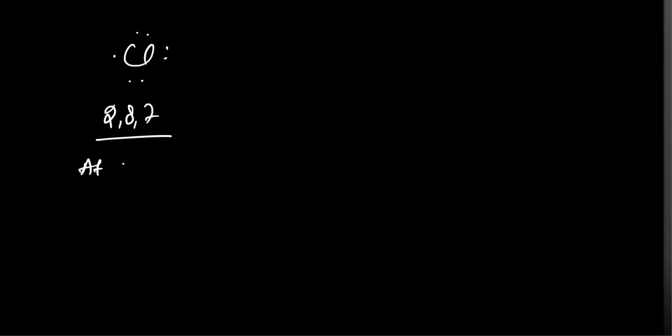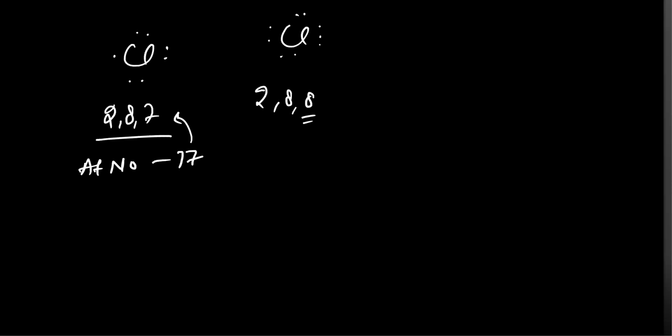Atomic number is 17. If it acquires 1 electron from somewhere, it completes its octet and becomes 2, 8, 8, but it will acquire 1 negative charge over it.